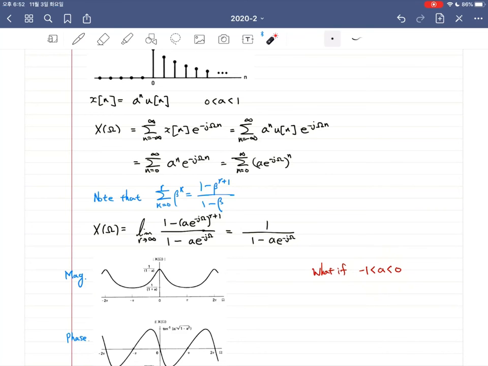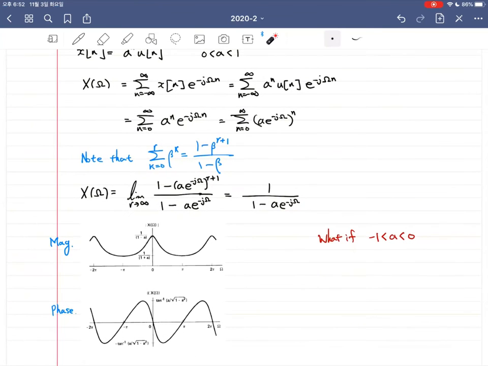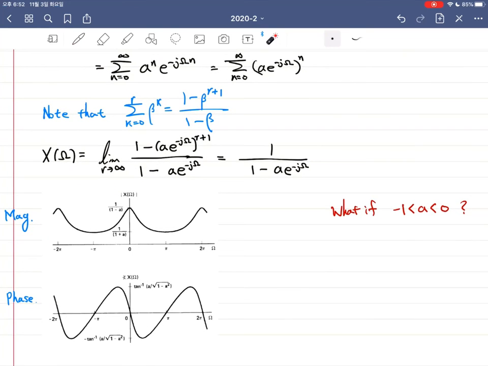Then I'm not going to do the whole thing again, but if this happens, and you obtain the magnitude function of the Fourier transform for this range of a, then the magnitude function will be shifted by the amount of pi.